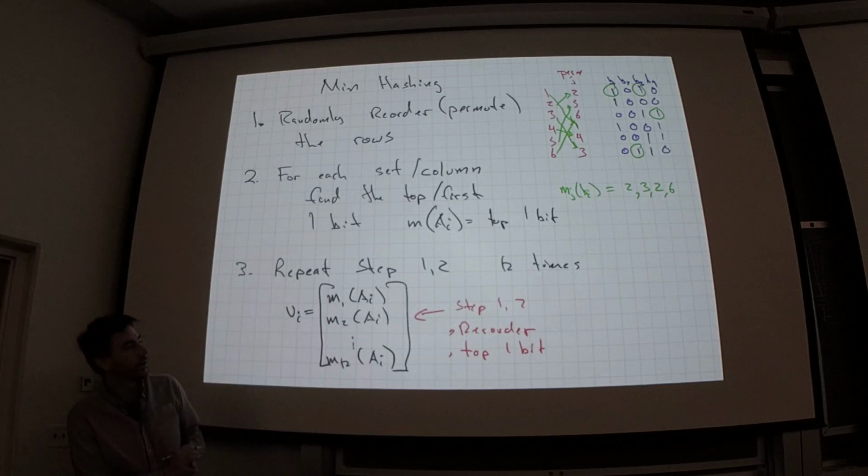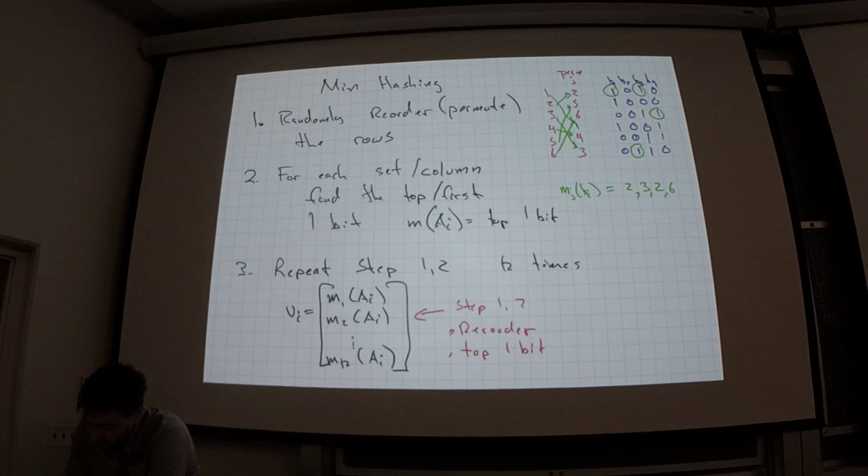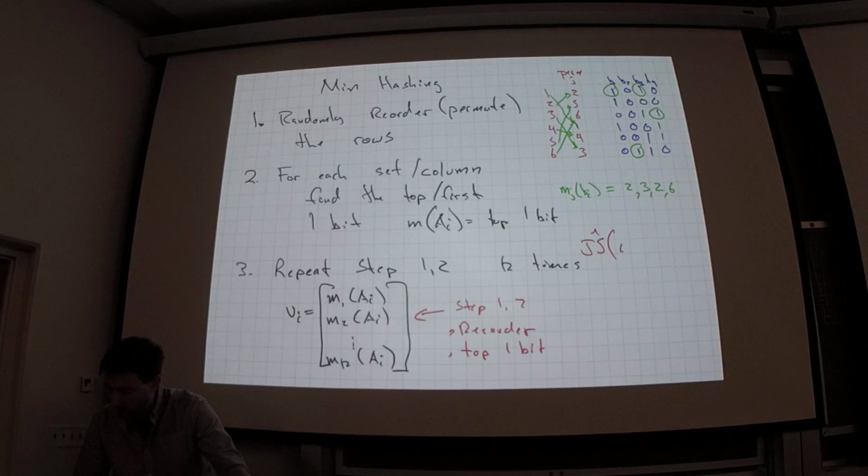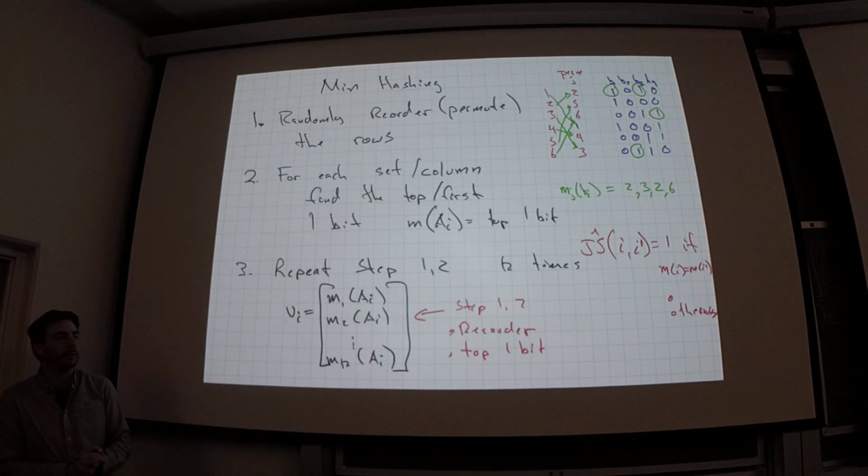So the key property here is that I'm going to get an estimate of the Jaccard similarity between, say, i and i prime, which is going to be 1 if m of i equals m of i prime, and it's going to be 0 otherwise.